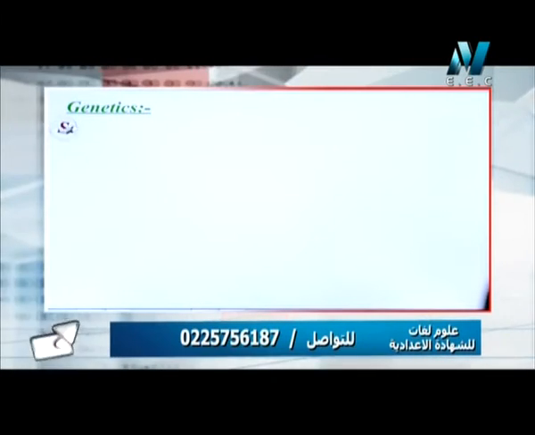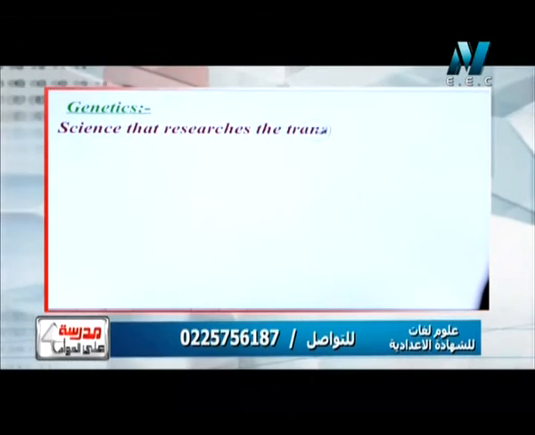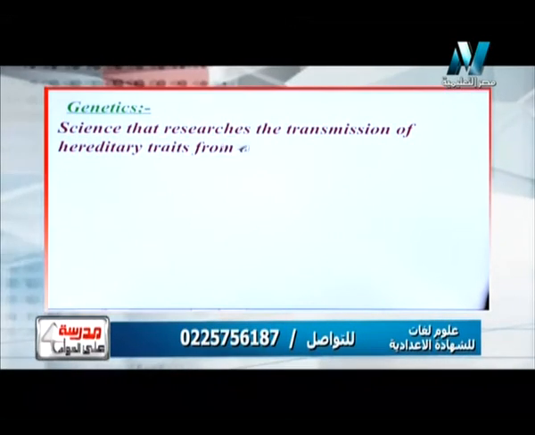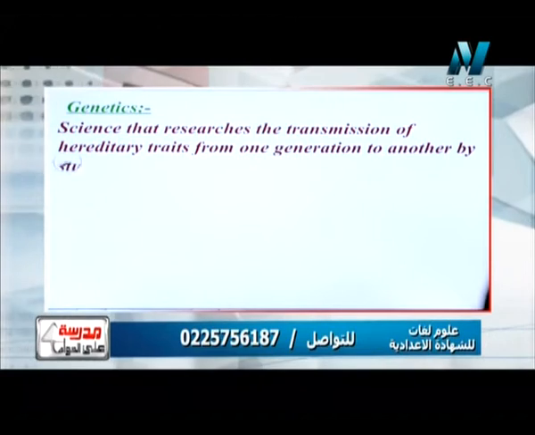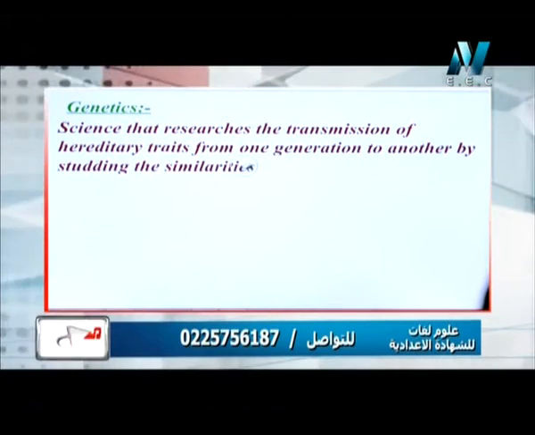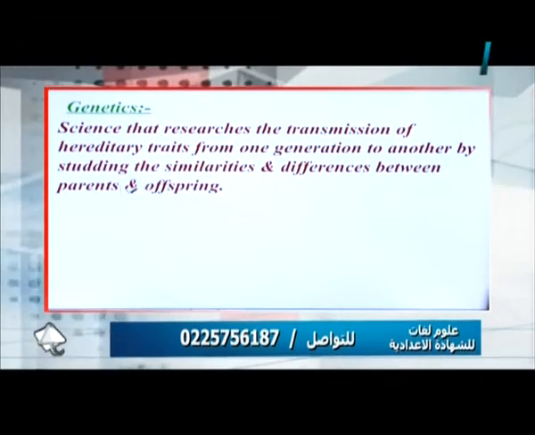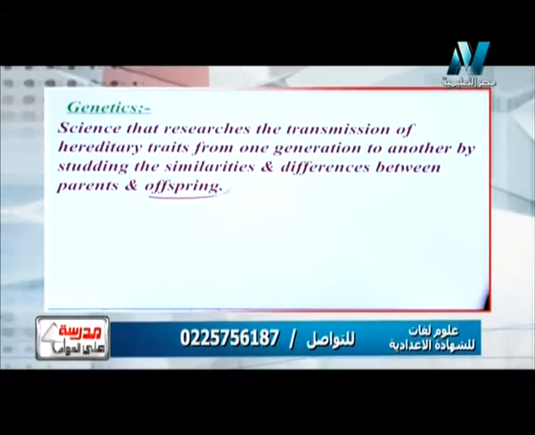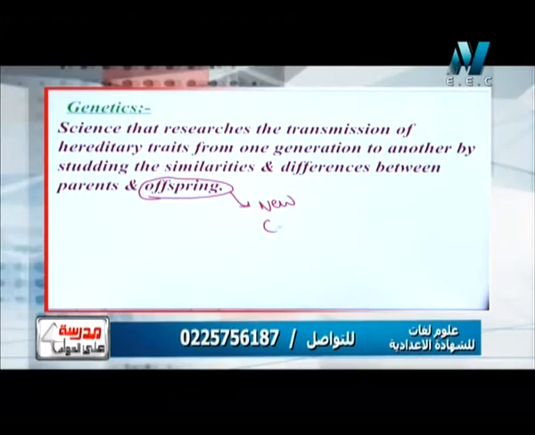Here we identify the science that researches the transmission of the hereditary traits, الصفات الوراثية, from one generation to another by studying the similarities and differences between the parents and offspring. We know what is meant by parent, and here we have offspring. Offspring means the new generation.